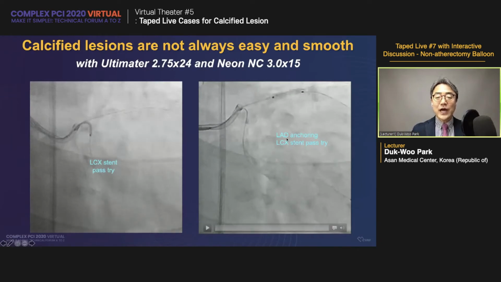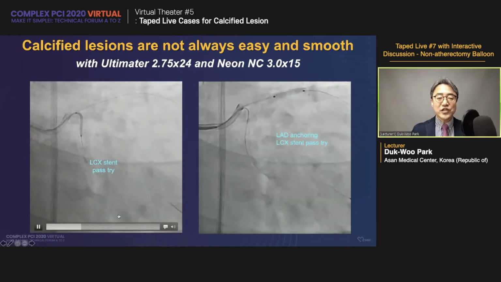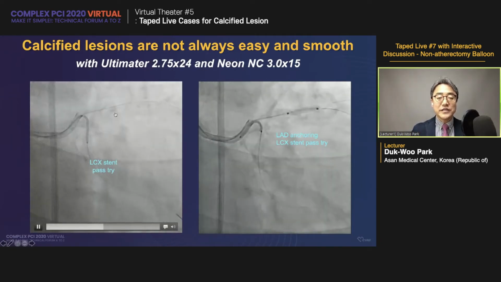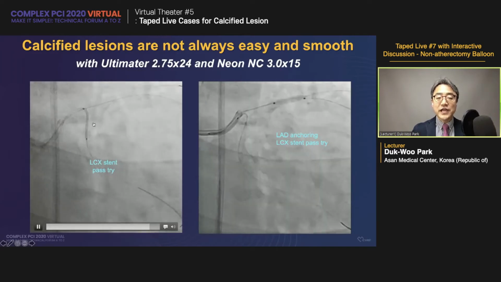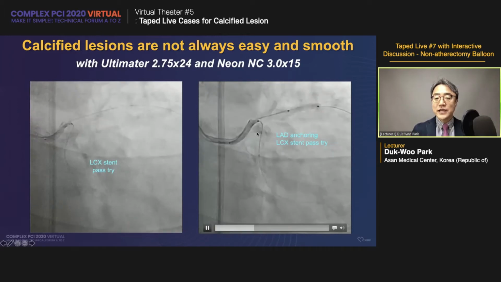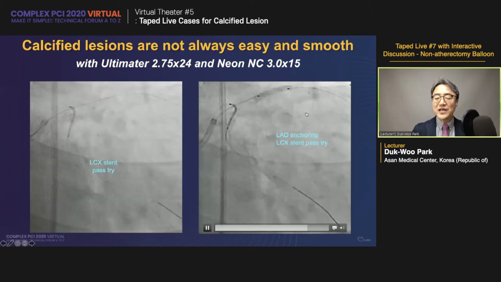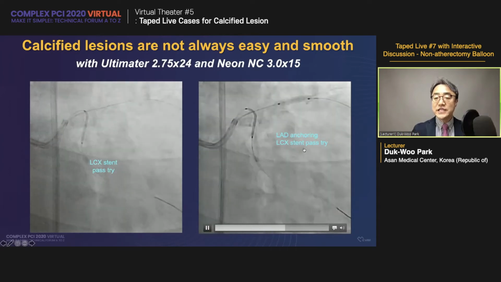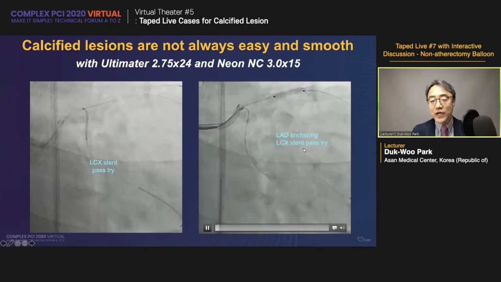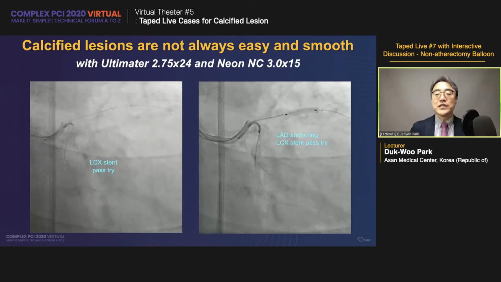So I tried the LCX stent. I put the wire in the diagonal branch of the LAD, but the LCX stent did not pass. Next step, I did LAD anchoring using an NC balloon. I tried to pass the LCX stent more than 4 times, 5 times, and it did not pass.